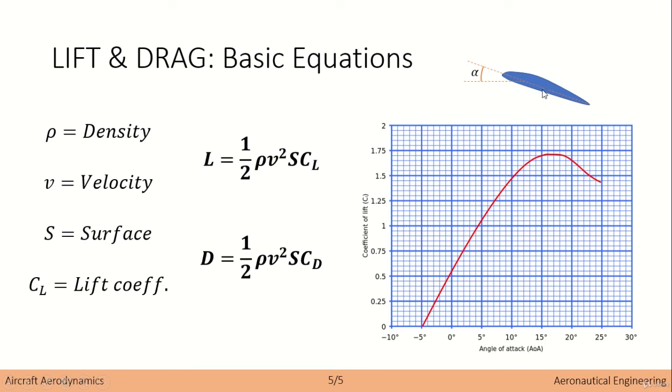Therefore you would have a decrease in the lift. If you are flying in these conditions, you will lose all stabilization, all control of your aircraft. So it's absolutely essential to fly in a range which is linear, or easily controlled.